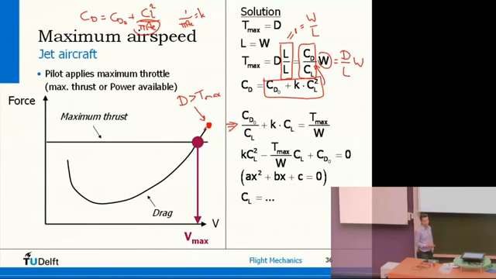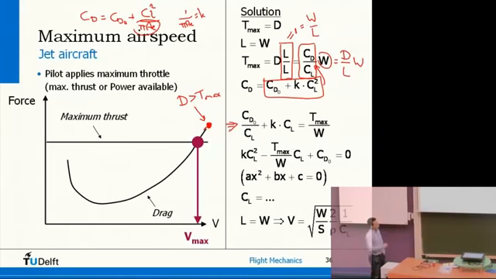And from that you can calculate CL, which is a certain number for a given aircraft. And if you know the lift coefficient, then from lift being equal to weight, you can calculate what is then the actual airspeed. Just fill it in there, and you know what the maximum airspeed of the aircraft is.